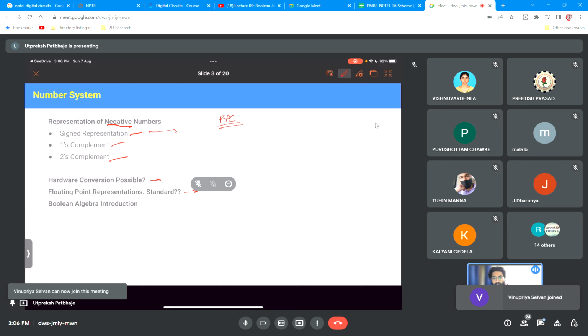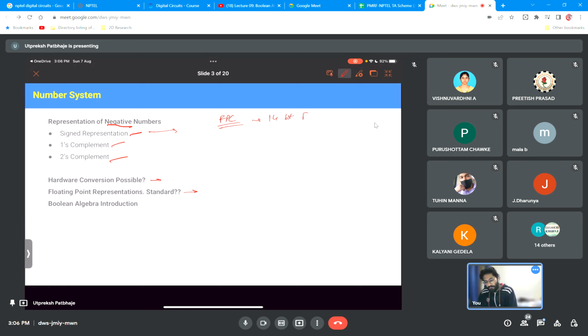I will try to discuss what the professor has already discussed in the class. We will go with a standard 14-bit floating point number representation. FPC is for floating point calculations, but this is basically a floating point number. A floating point number would have 3 components, as you guys might be aware.